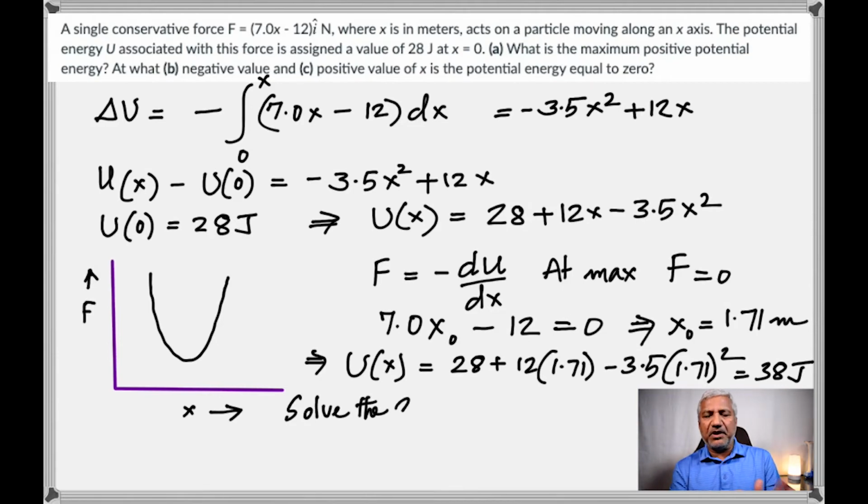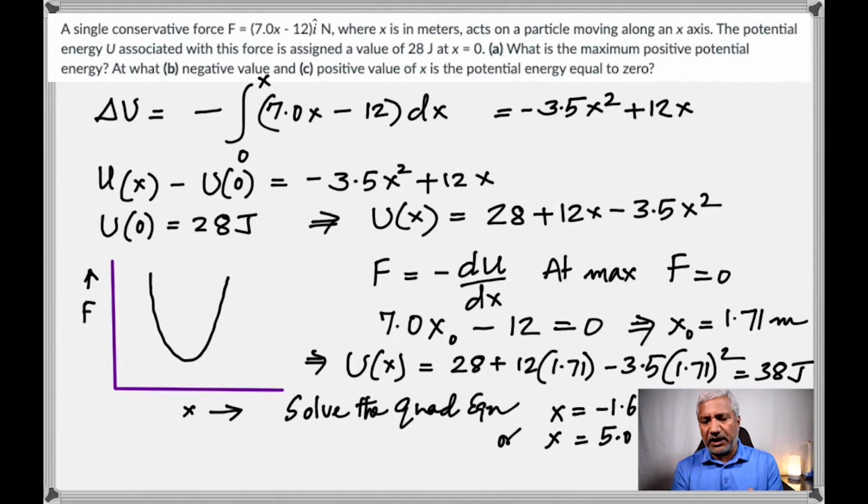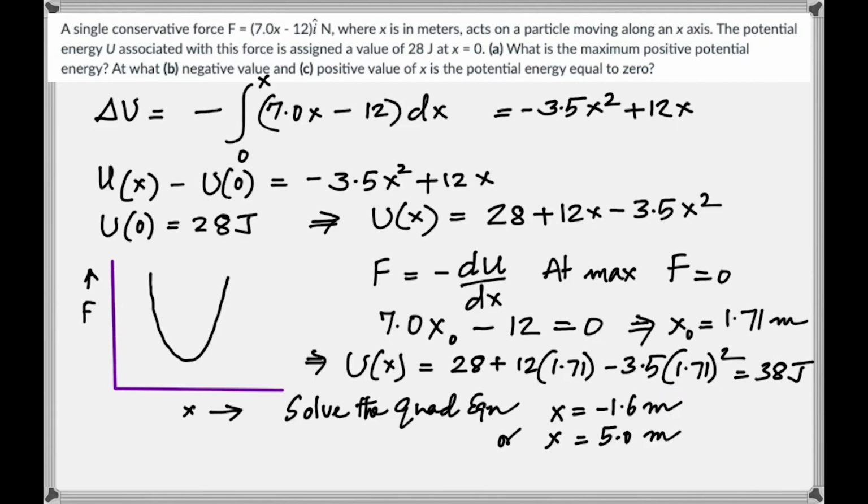Now to answer B and C, since it's a quadratic equation, if you find the roots of the quadratic equation, you're going to get two roots. x is negative 1.6 meter and x is 5.0 meter. So that's where you get the negative and the positive value of x when the potential energy is equal to 0.